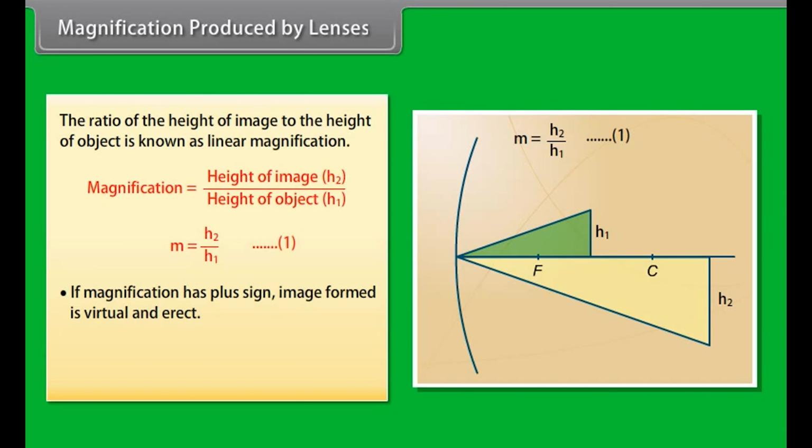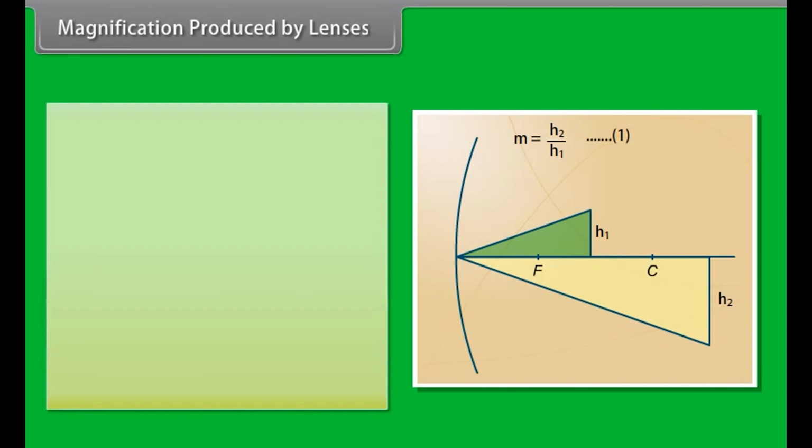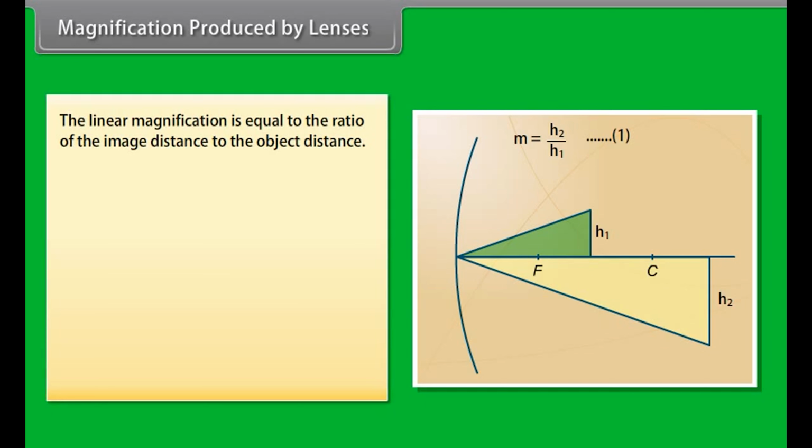If magnification has a plus sign, the image formed is virtual and erect. If magnification has a minus sign, the image formed is real and inverted. The linear magnification is equal to the ratio of the image distance to the object distance.